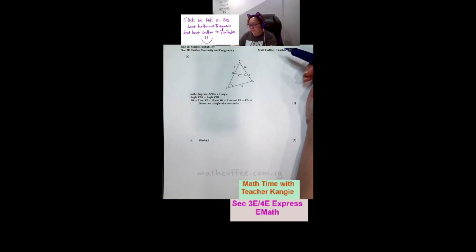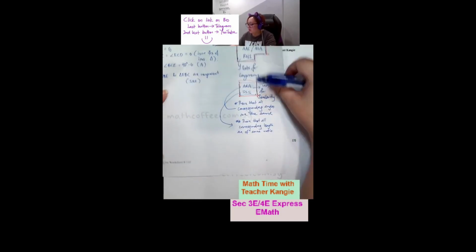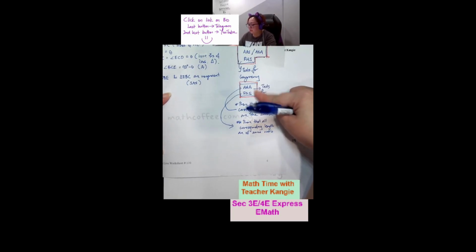80% of the time, proving similarity is just proving the angles. So similarity only has two tests. Recall, either you prove that three corresponding angles are equal, or three corresponding sides are of the same ratio, then you have similarity.